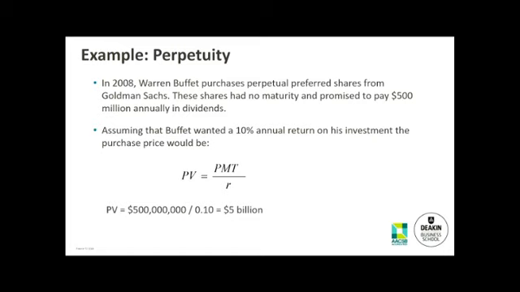This means that in 2008, Warren Buffett gave Goldman Sachs $5 billion in cash, and after that, every year, forever, the company pays him $500 million. That's a lot of money. That's a classical example of perpetuity and how it's used. Generally speaking, a lot of preferred shares for large corporations are perpetuities, but this will be further discussed in week 4.